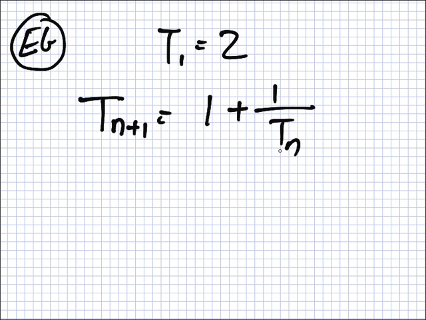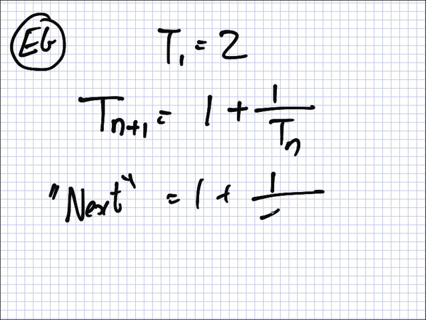After n, right? So this would be, I'll just put it in quotation marks, the next term after the nth term. Okay? And what does Tn represent here? The nth term. So I'll just write this term.